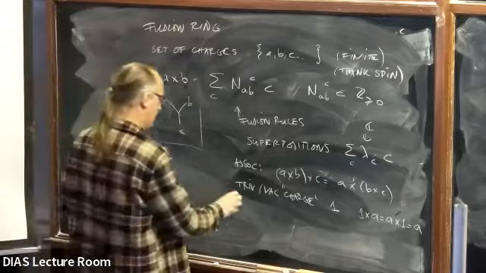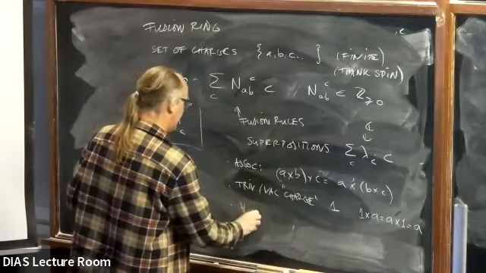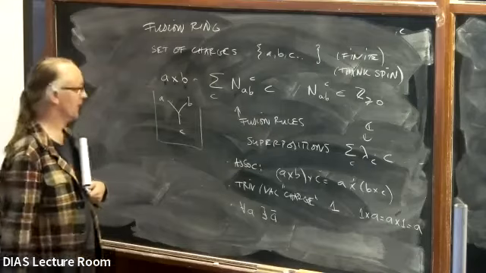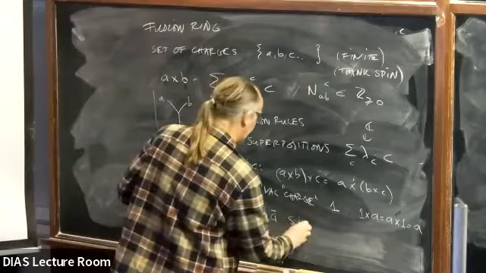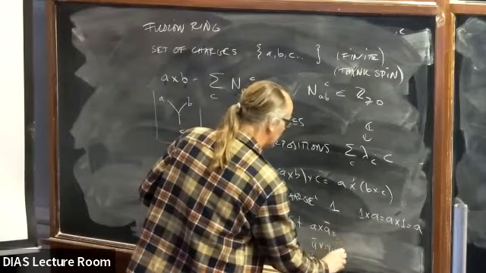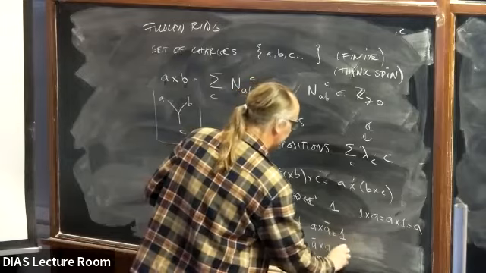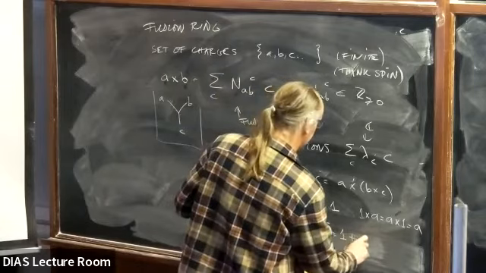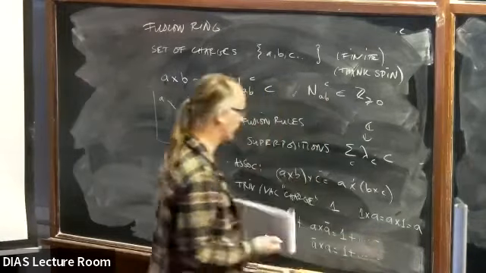And finally, we require that for every charge A, there is a dual charge, A bar, which may be the same as A. It's just that there is one, it doesn't have to be a different one, such that if I take A times A bar, or A bar times A, both of them will contain at least the identity, the trivial one, and then maybe other charges that appear.